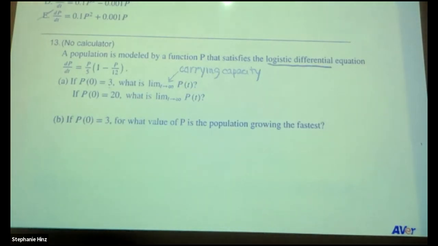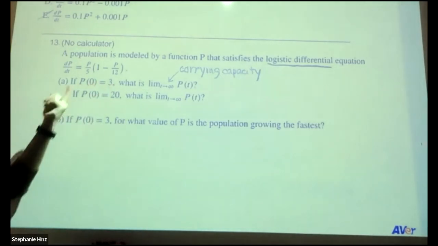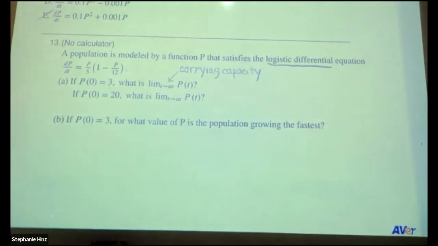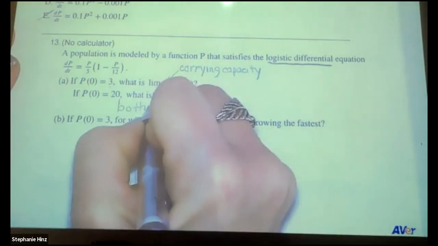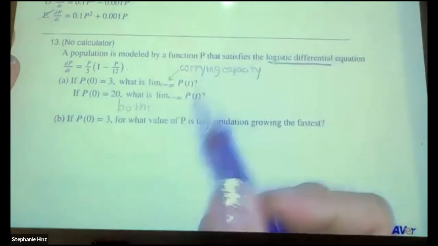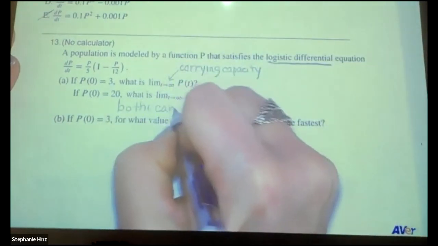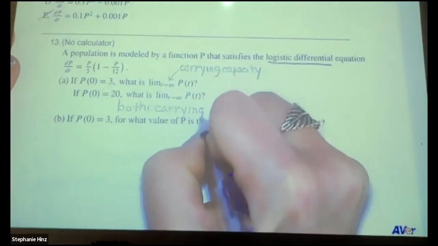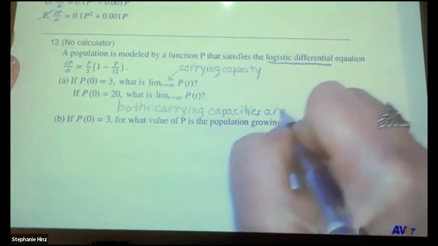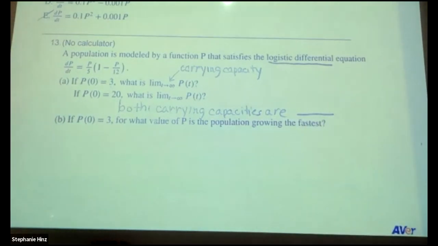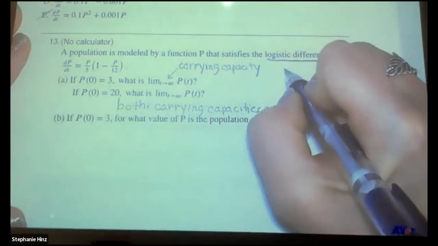I said that it had to be the same regardless of your initial condition. This is just an initial condition. This is just an initial condition. So we can say that both carrying capacities are blank, and we got to find out what that blank is. So both of the answers for letter A are going to equal what we find here.